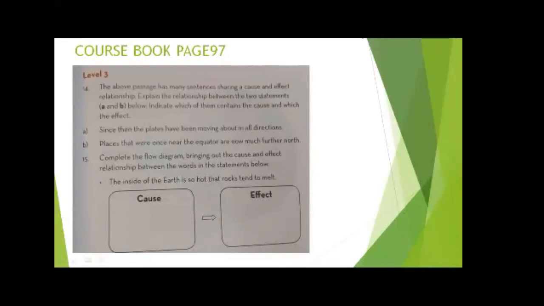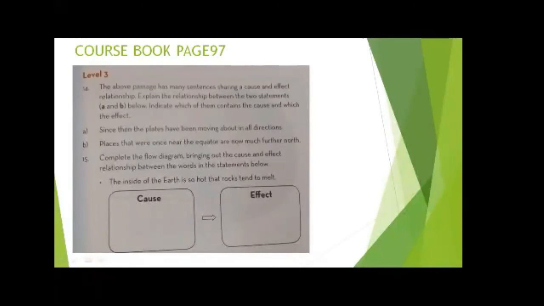And if you see sentence B, it says places that were once near the equator are now much farther north. Why? Because the plates have been moving about in all directions. So the cause asks the question why, and the effect asks the question what.